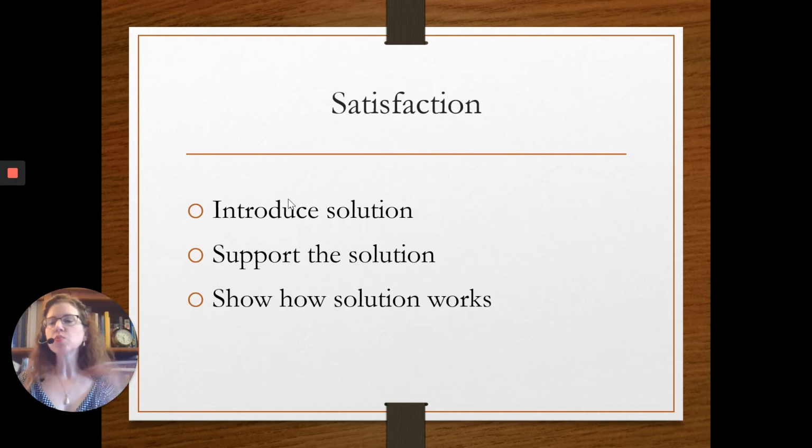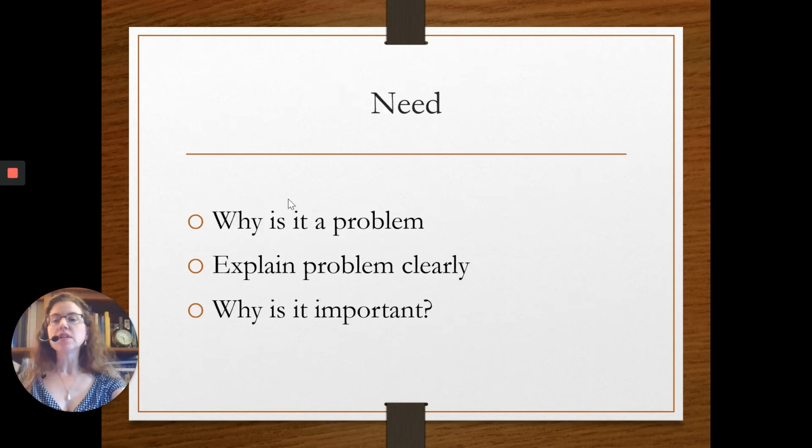Satisfaction. This is where you're telling the solution. You're introducing it, you're supporting it, you're going to have a huge amount of your research there. You're showing how that solution works. So for example, there's a need to really make your handwriting, your handprinting pop. You want it to look better and different.